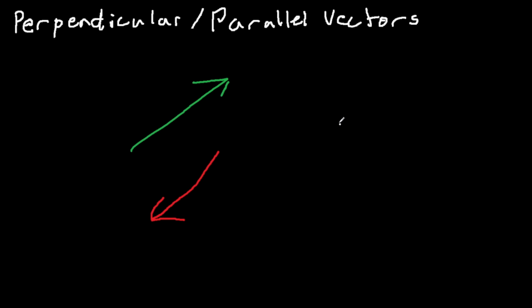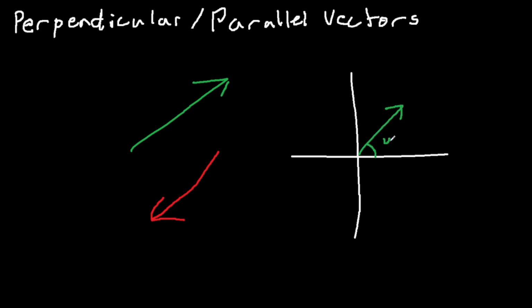So let's say you have a vector that is green here, 45 degrees with the positive x-axis. And it's parallel with red, correct?